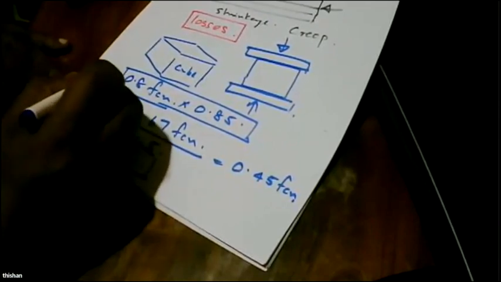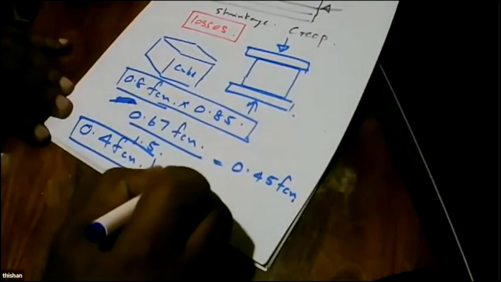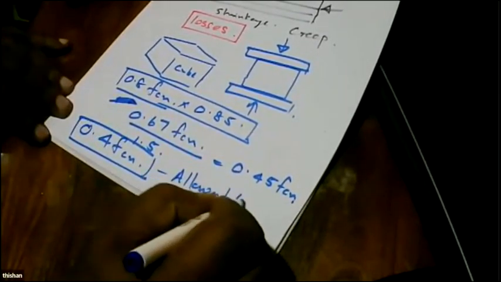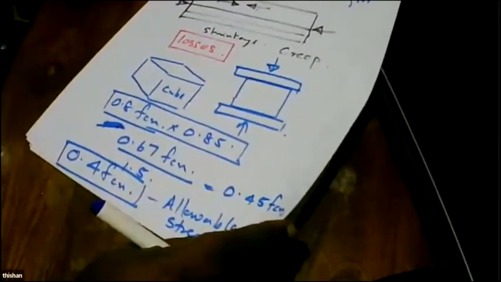So because we have this, the cube strength is an overestimation of the strength. So this was the allowable stress, and so under working conditions, allowable stress under working conditions.